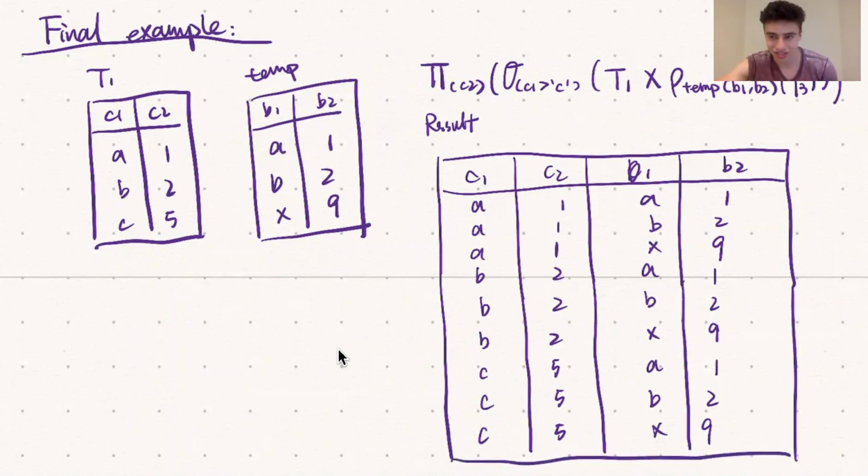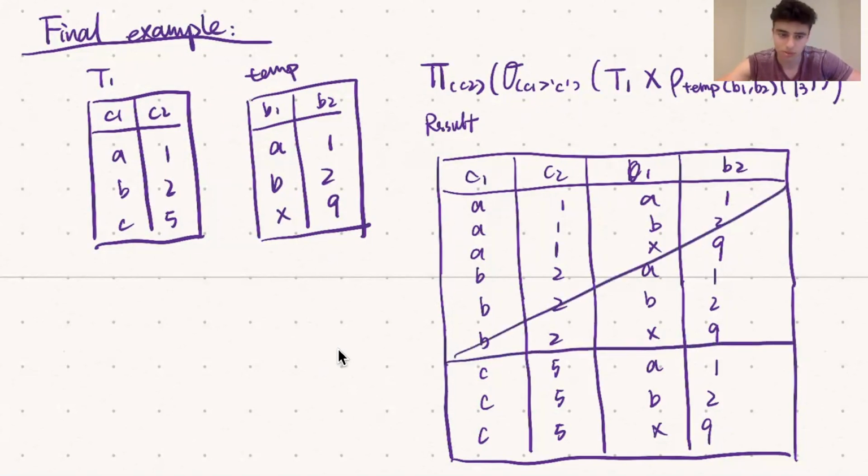And now let's actually do this select operation. So we're going to select where C1 is greater than C in terms of ASCII, of course. Now, our situations where C1 is greater than C are actually smaller than you'd think because we only have 3 cases in which this is the case, and that's the bottom 3 rows here. So we're going to cut everything out of this table except the bottom 3 tuples.